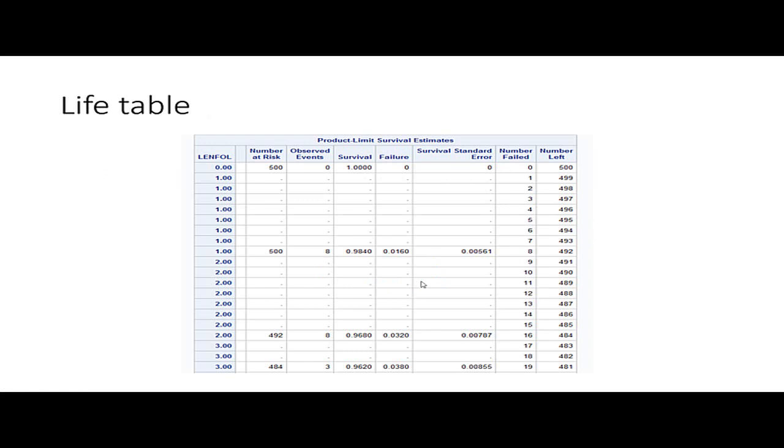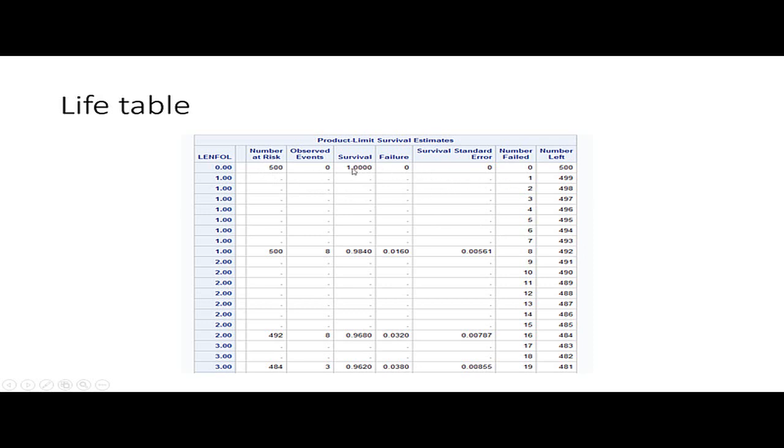Okay. We estimate the survival function in SAS. Of course, we can use any software. In SAS, you get product limit survival estimates, otherwise known as the life table. Life table is something that I showed you some time back. It gives you how the survival probability is computed. You can see 500 people enter the population, then no event happens.